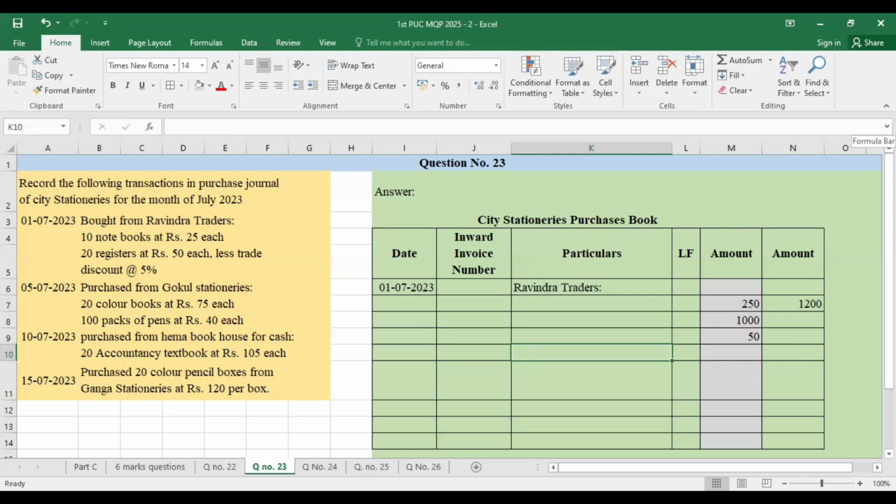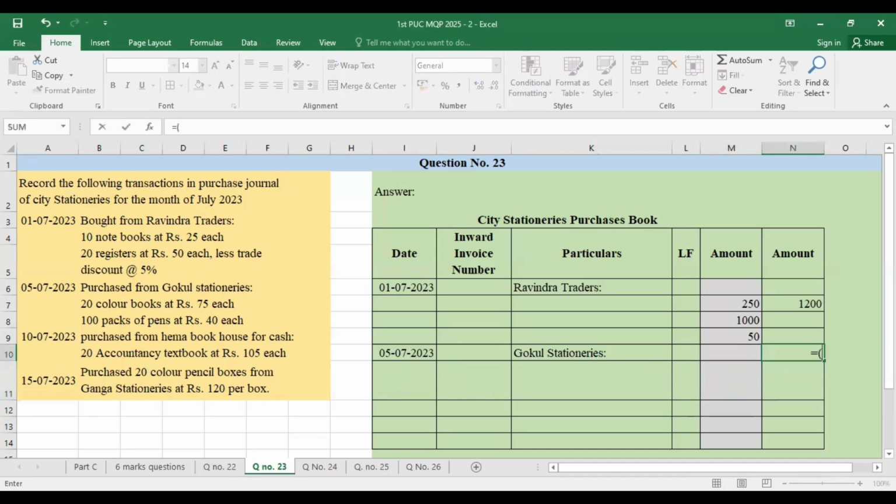So next, the second transaction happened on 5th July 2023. It says purchased from Gokul Stationaries. So what have they purchased? 20 color books at 75 each.